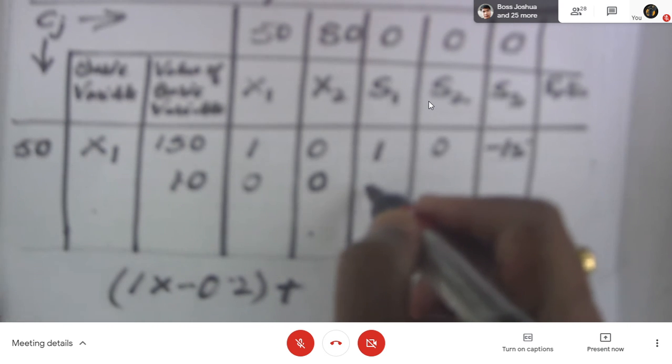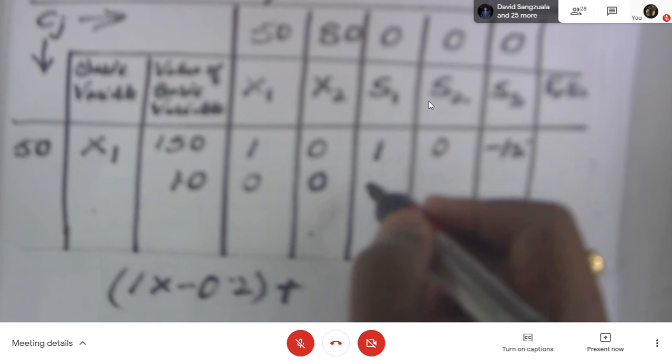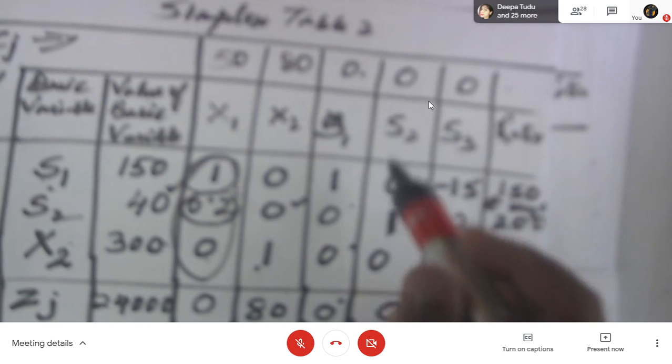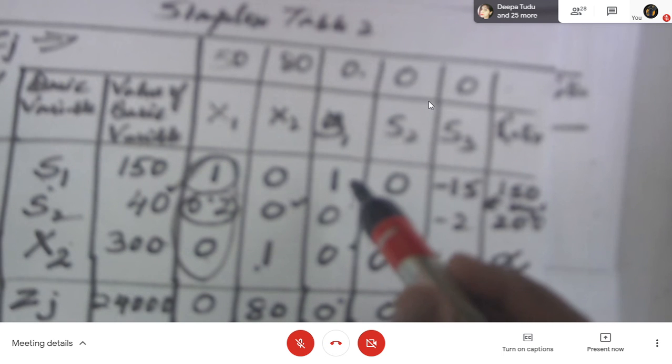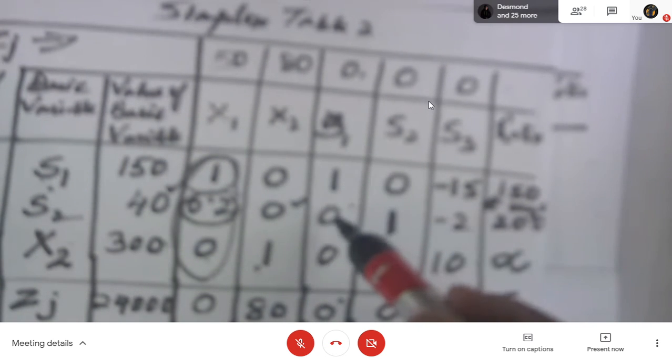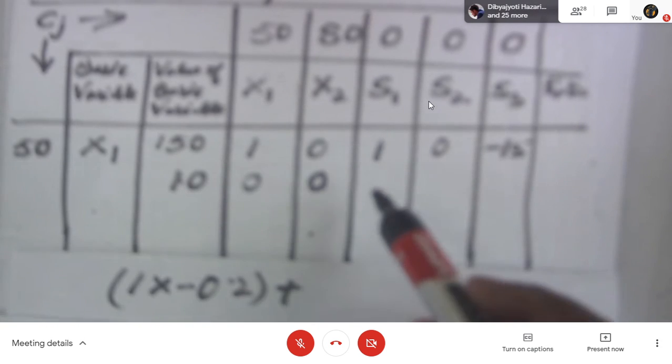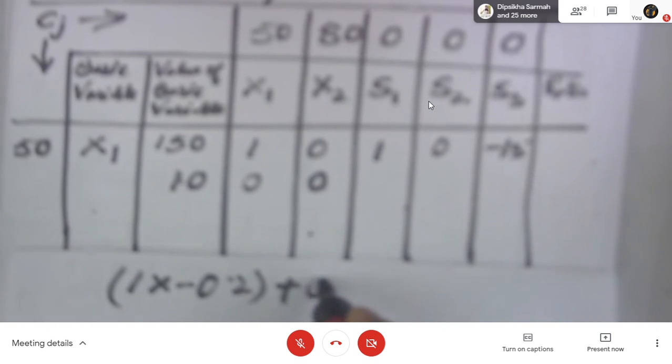This one is 1 into minus 0.2 plus, what was the value out here in the previous table? Let me bring the next table, okay? This is table number 2. The value out here was 0, isn't it? Is it S1 and S2? Yeah, S1. So for S1, the value is 0 out here. So we add this value. So 0.